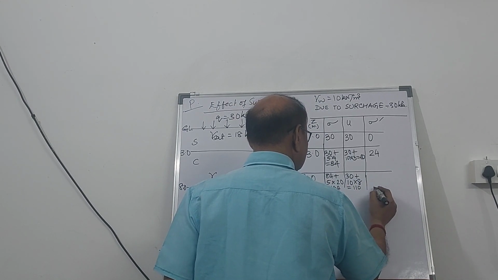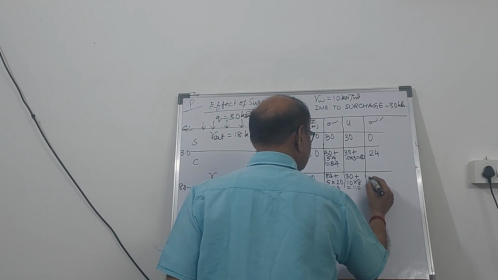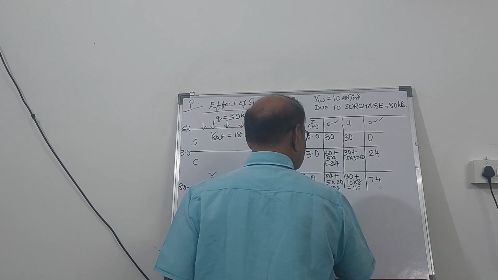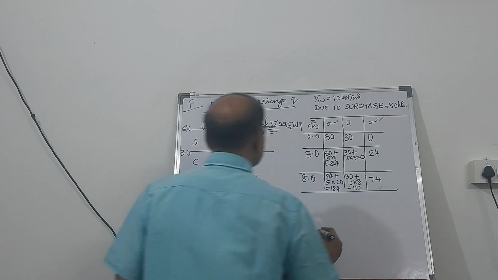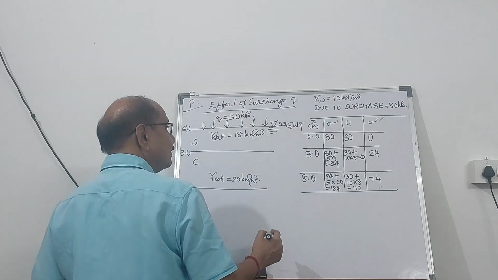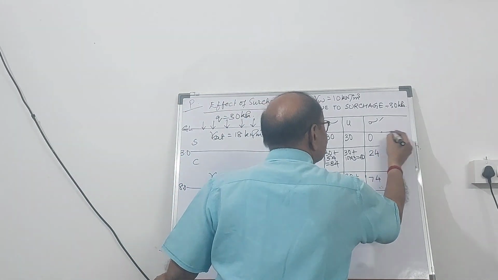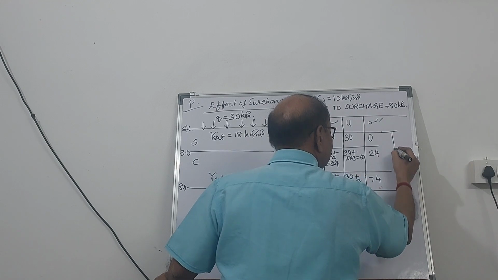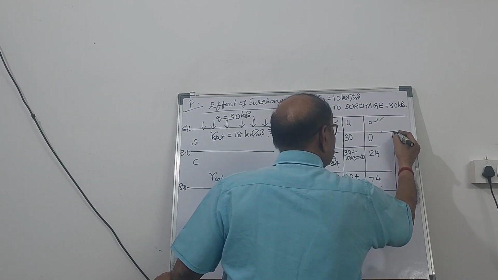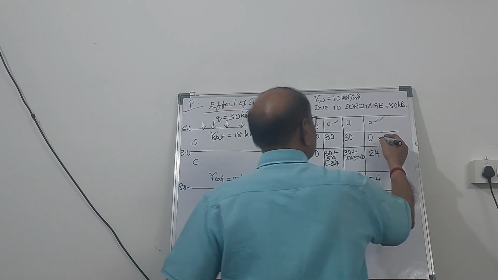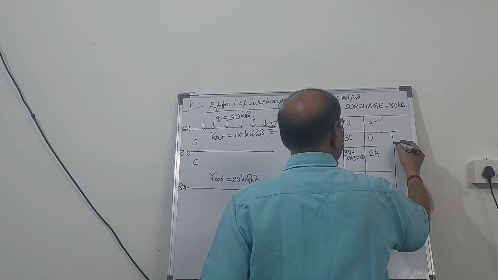So effective pressure is going to be 74. So if you want to plot it, effective stress is going to be 0 here.